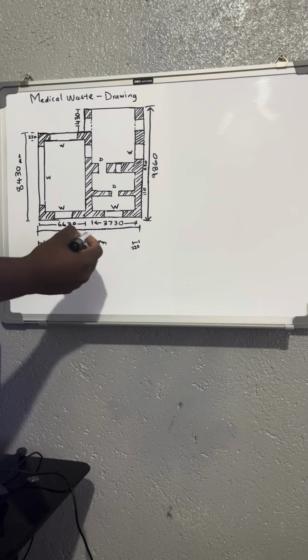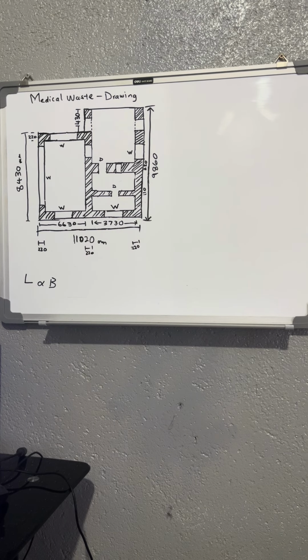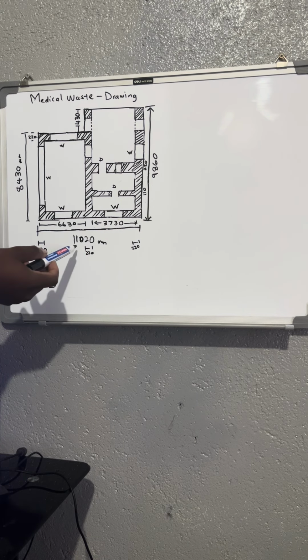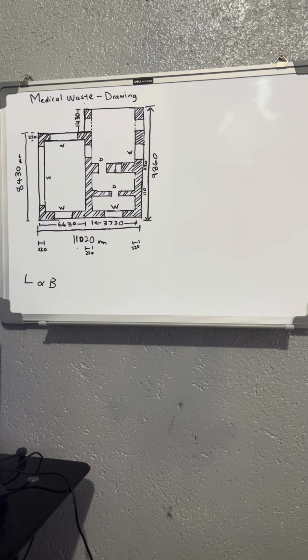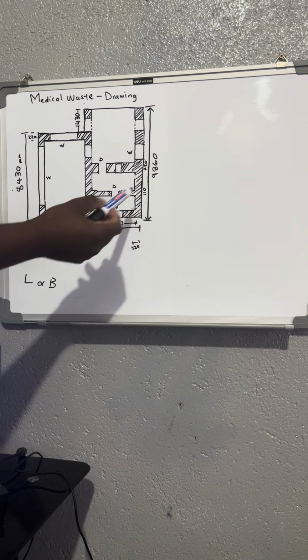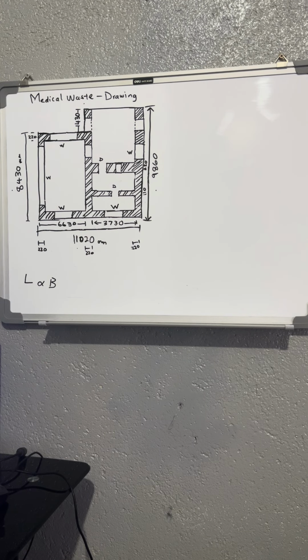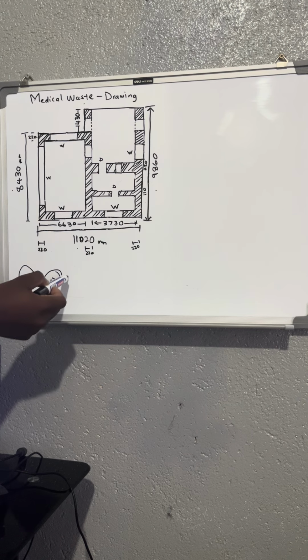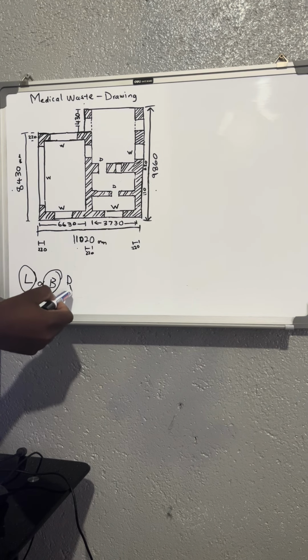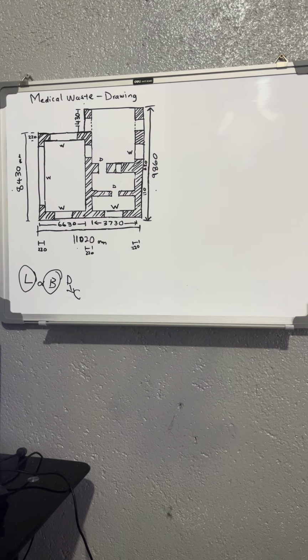The length would be this one, which is our longer side, this side and this side. Then the breadth is this side and this side. So with this method, on the length side, we're going to take them as they are. Then on the breadth side, this is where we're going to be doing the deductions for the corners.